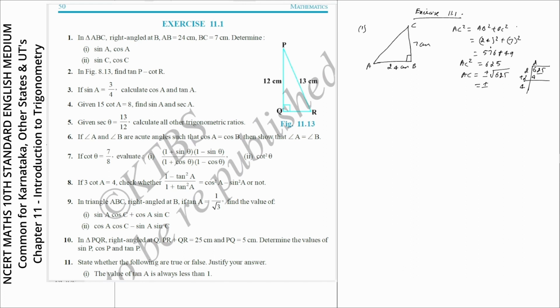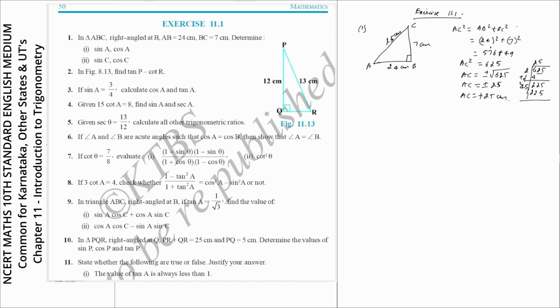Now here 2 is left, 25. Now 45, 45 into 5: 5 5s are 25, 5 4s are 20, 21, 22. So this is plus or minus 25. Since AC can't be negative, AC will be plus 25. AC is equal to 25 centimeter.